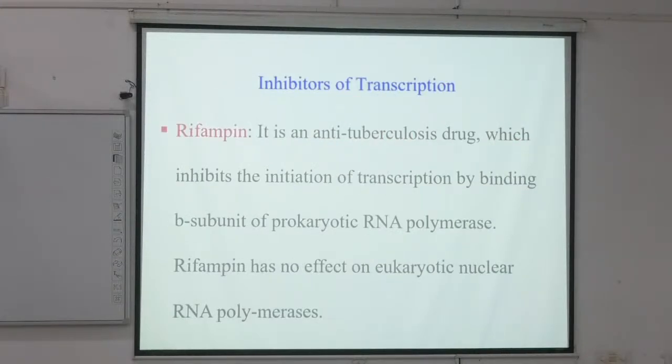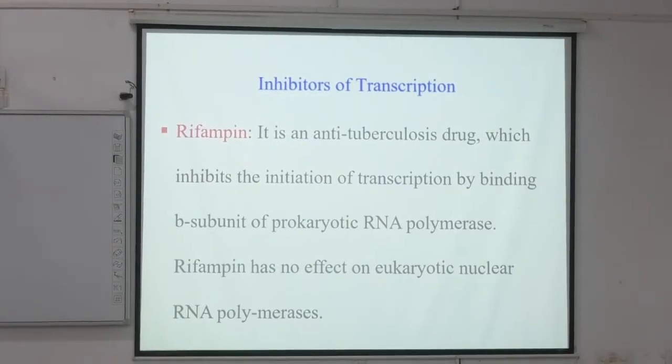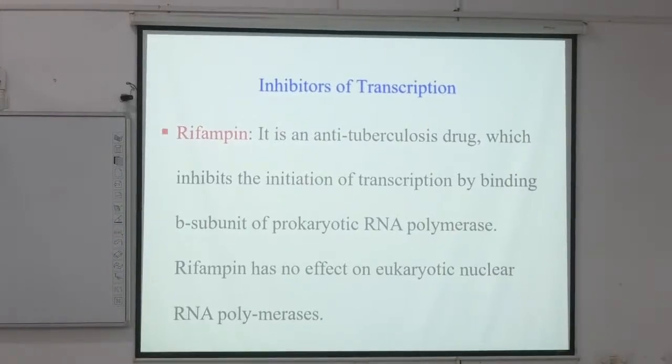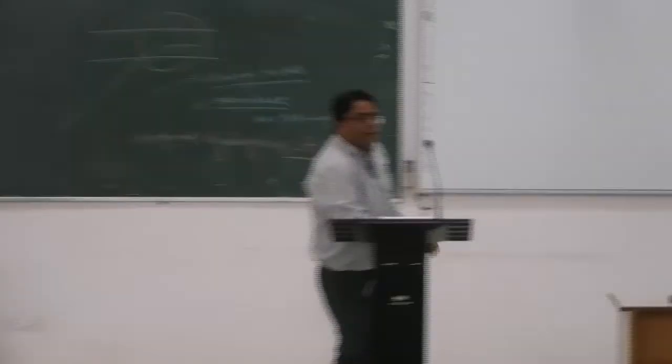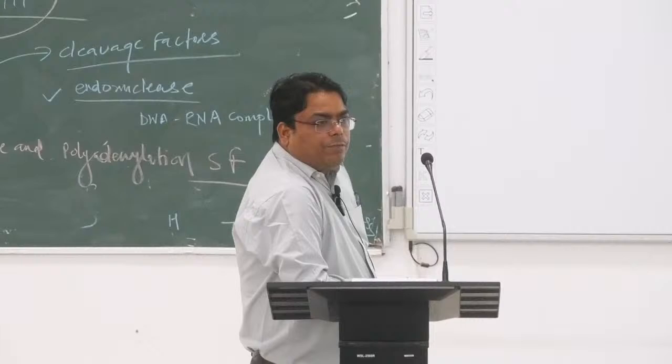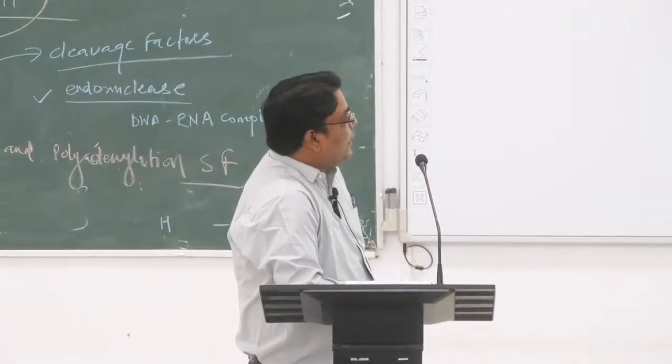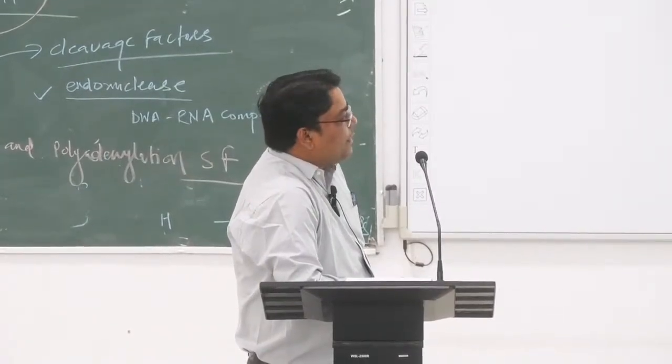These are the important inhibitors of transcription. First, rifampin. This is an anti-tuberculosis drug which inhibits the beta subunit of RNA polymerase enzyme, and which reduces the rate of transcription. Second one is actinomycin.